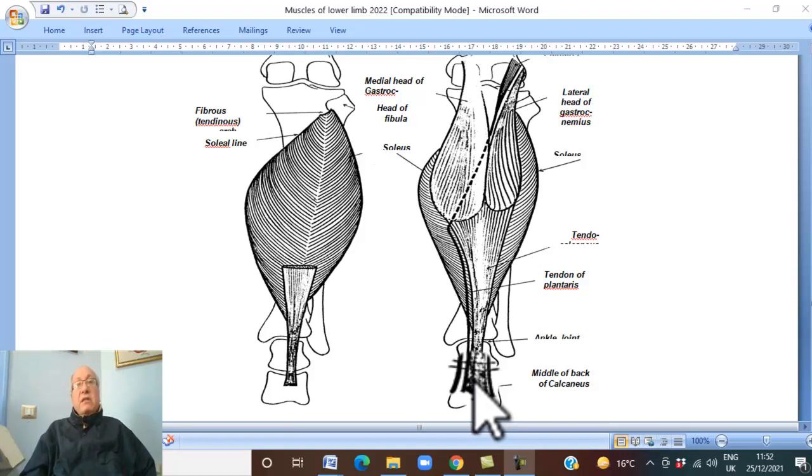All these muscles and all muscles of the back of the leg are supplied by a nerve called the tibial nerve.